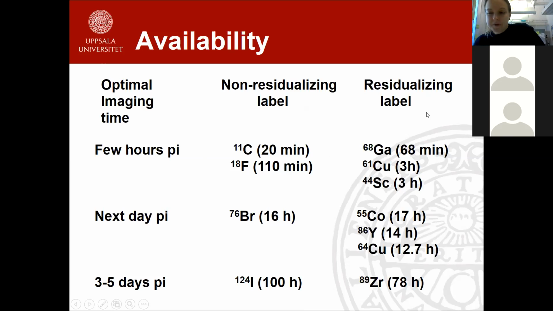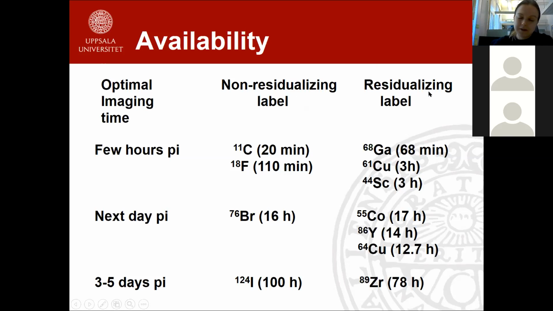So it's a very specific term that you probably have not heard before, and it's related basically to the properties. It's just another way of saying retained in the body or not retained in the body. So non-residualizing labels, they retain in the body less, and residualizing labels, they retain in the body more.